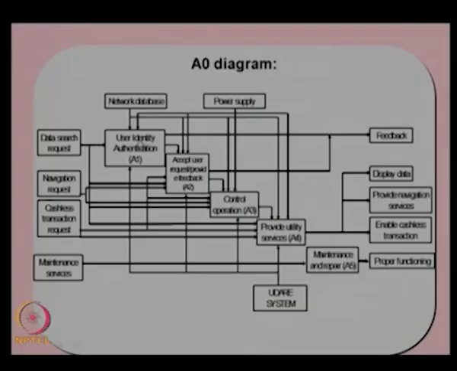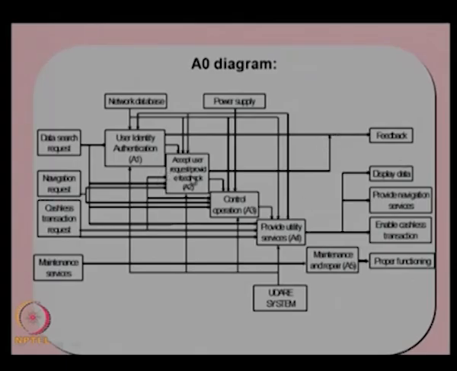All these inputs will be coming over to these functions like user identity authentication, and that will be giving a feedback to the customer about whether the request has been accepted or the password and username is approved. Other requests will be given to the next function, which is accept user request or provide feedback, and again there will be many requests coming here, the data search request and various kinds of requests, and there will be a feedback going from the system to the output.